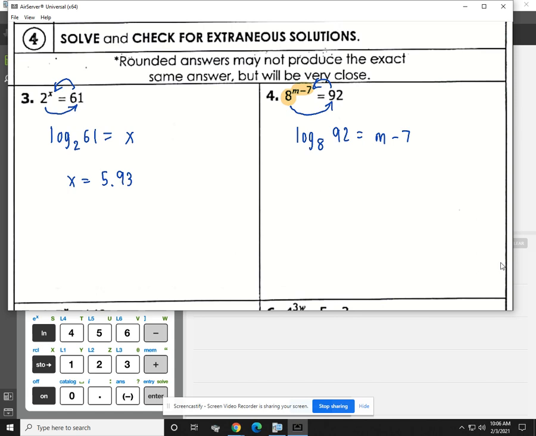Alpha window number 5. Log base 8 of 92 equals what? 2.17. So 2.17 equals m minus 7. How do I solve this problem from here? Oh, add 7. What's 2.17 plus 7? 9.17. So m equals 9.17.